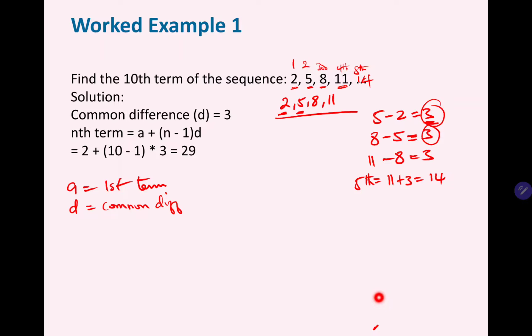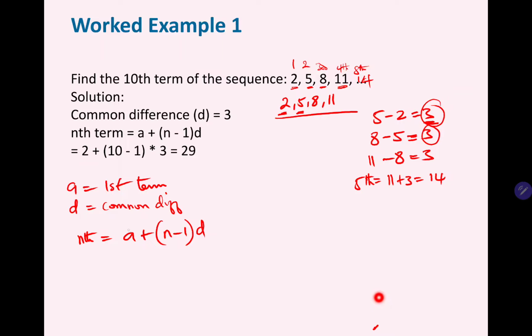To find any term at all in an arithmetic sequence, we use the formula: nth term is equal to a plus n minus 1 multiplied by d.